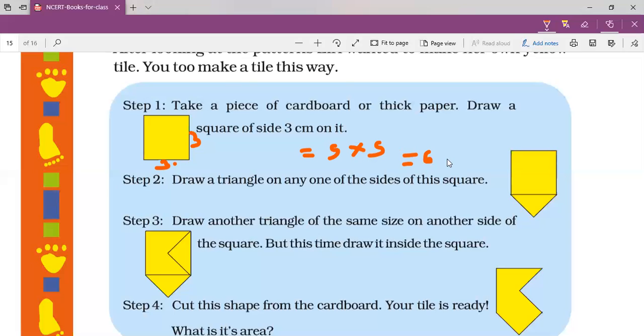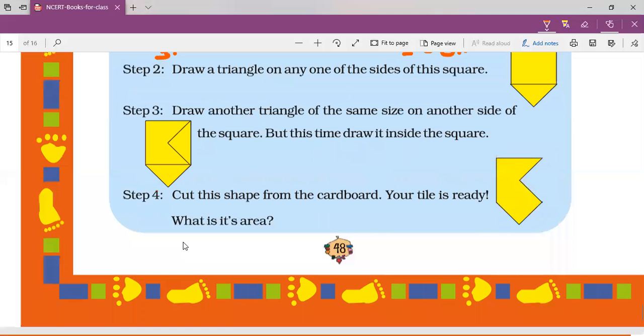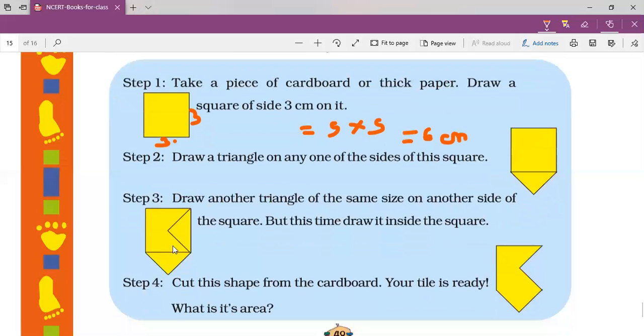It is 9 square centimeter. Now we see, the triangle we removed outside, the same shape of triangle we removed inside. The same triangle, having the same area.